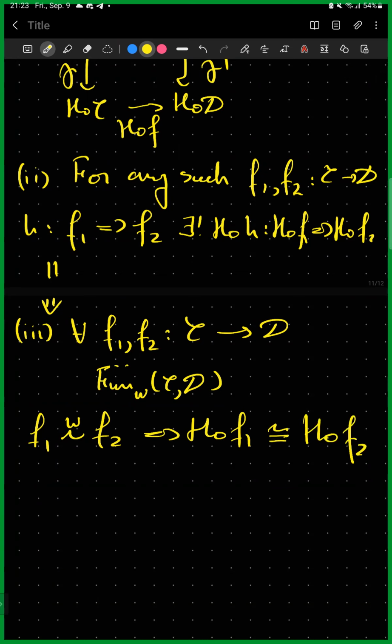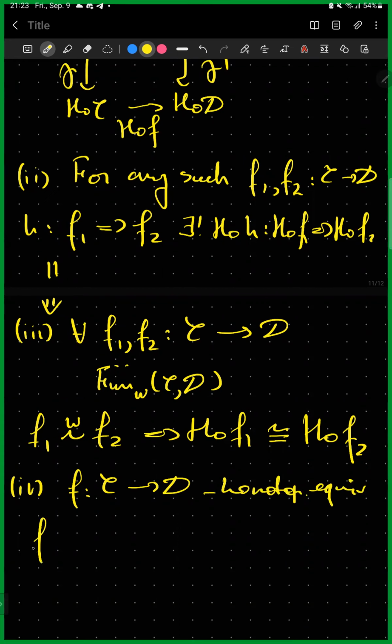So the direct corollary of this is that if we had a homotopical equivalence between two homotopical categories, then its homotopical version is an equivalence of categories.